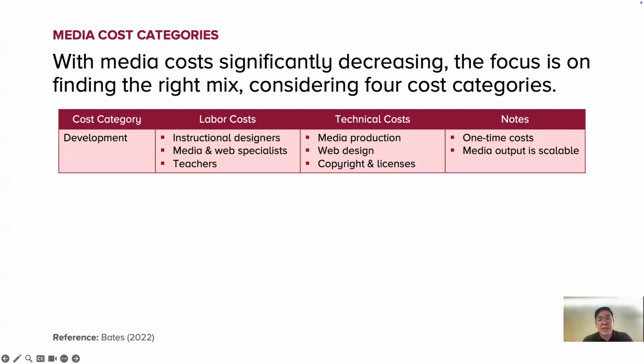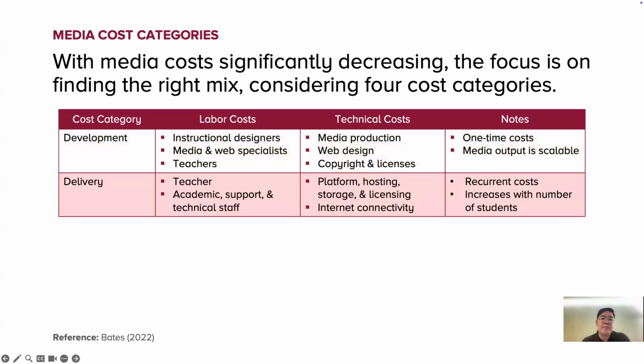Labor costs are significant when accounting for the time worked by instructional designers, media and web specialists, and especially teachers. Technical costs cover video and media production, web design, software licenses, and copyright clearances for media assets. Development is a one-time cost, but the resulting media can be scalable, supporting more students without additional costs.